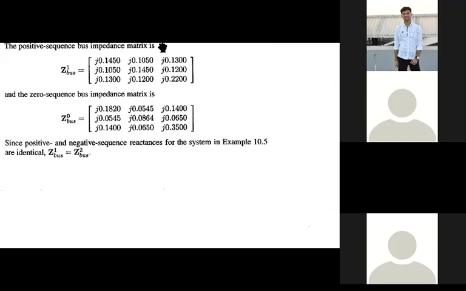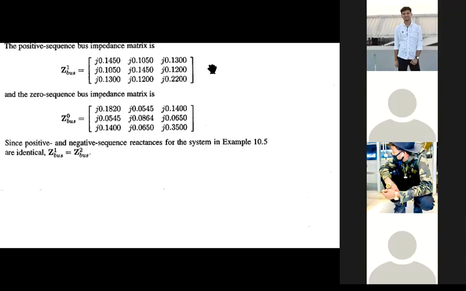Now, when we have that Z bus, instead of Thevenin equivalent, we have generated that Z bus from the three rule concept, right? That means you have been given a reactance diagram or single line diagram, and you can generate your sequence bus impedance matrix for different sequences. Is it clear?